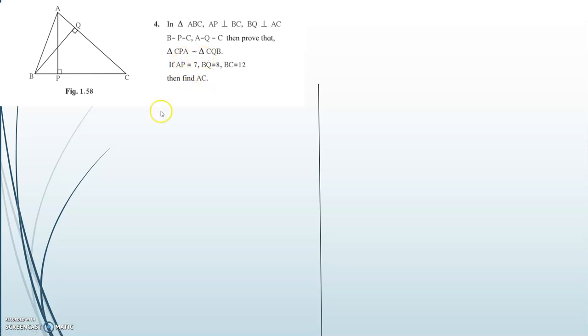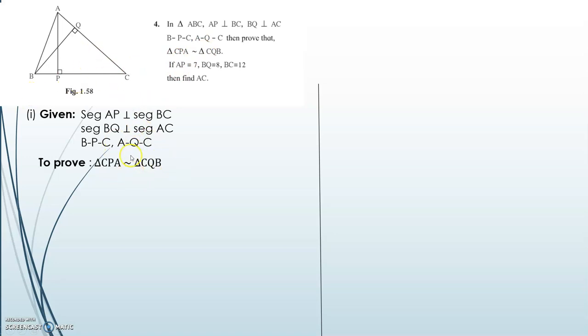So to prove this, let us write down the given: AP perpendicular to BC, BQ perpendicular to AC, B-P-C and A-Q-C. Now to prove triangle CPA similar to triangle CQB, we will consider triangle CPA and triangle CQB.